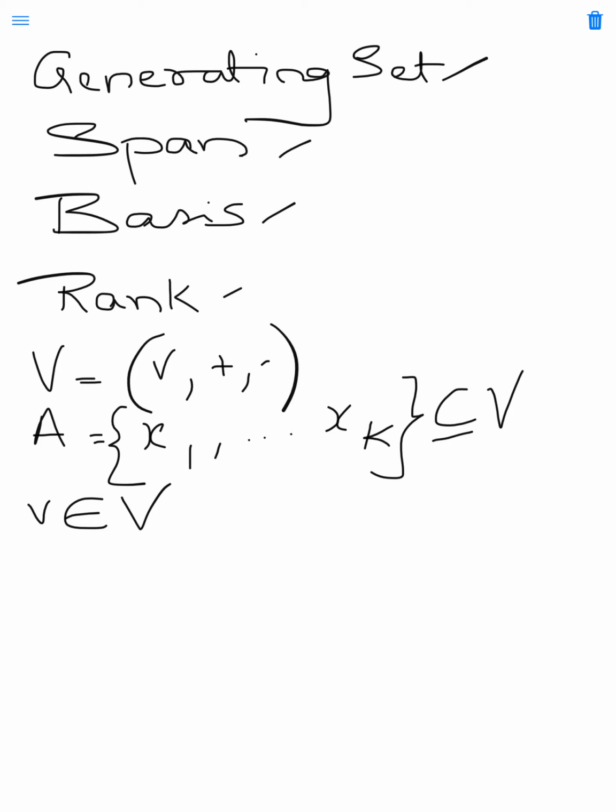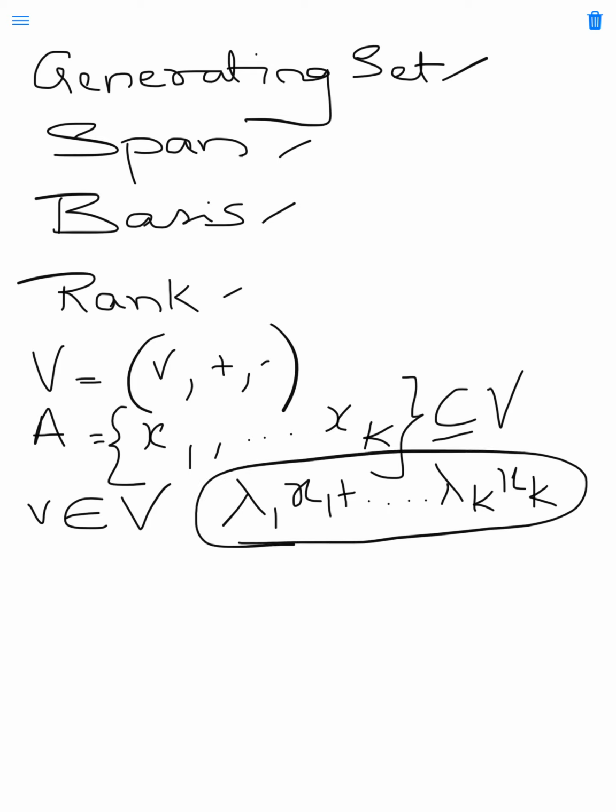That is, a linear combination will be like a scalar value multiplied with these vectors, and taking the sum of those scalar multiples of those vectors, lambda k xk, will be called the linear combination.